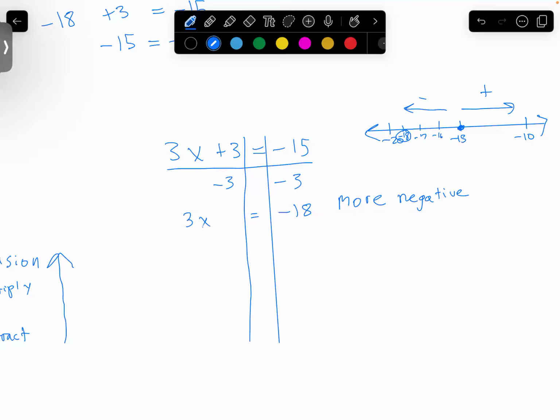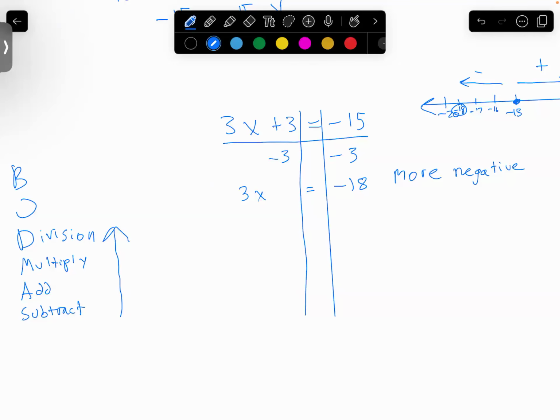Now, once we have 3x equals negative 18, this is multiplication, so we do the opposite of multiplication, which is division. We divide both sides by 3. For division, the sign stays the same as long as it's a positive number, and then it's just 18 divided by 3.